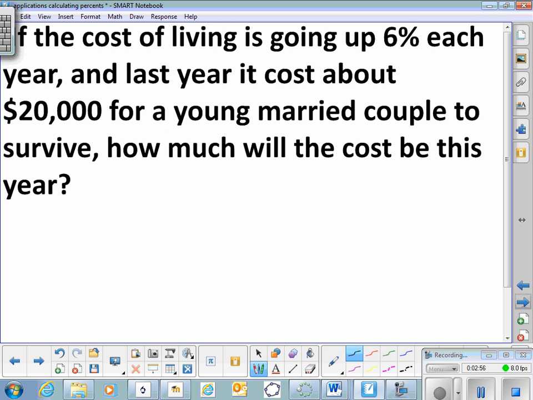So if the cost of living is going up at 6% each year, and last year it cost about $20,000 for a young married couple to survive, how much will the cost be this year? Well, 6%, whoops, if I do 0.6, that will be 60%.